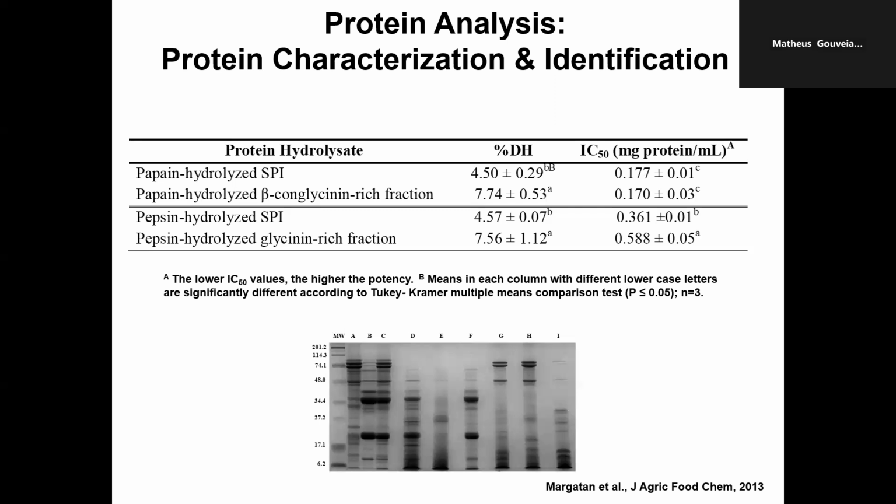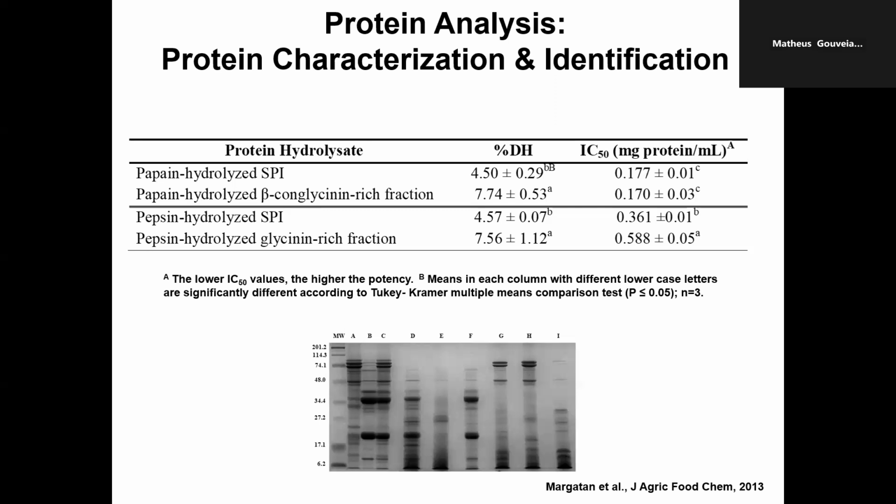And we did. We got similar inhibition, so similar potency. The degree of hydrolysis was higher in the purified form. But comparing an enzyme that hydrolyzes specifically glycinin and one that hydrolyzes specifically beta-conglycinin, I proved that beta-conglycinin hydrolysate is more potent than glycinin hydrolysate, but I really don't need fractionation.